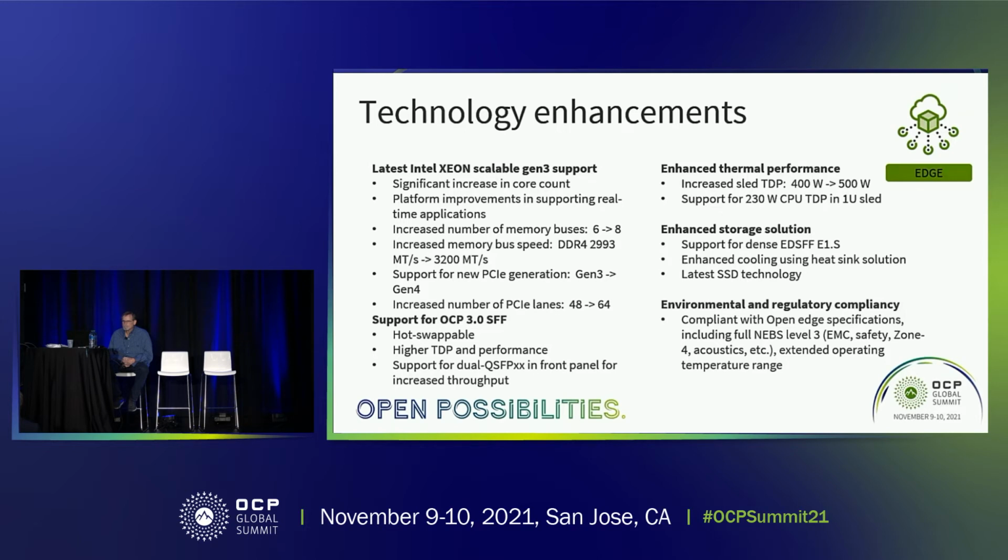And the version 3 also has higher TDP and therefore performance, allowing several options to be developed on that platform. And one significant improvement is that in the OCP v3 we are able to fit 2 QSFP connectors side by side in the front panel, so that enables dual 100 gigabits per second Ethernet cards, for example.